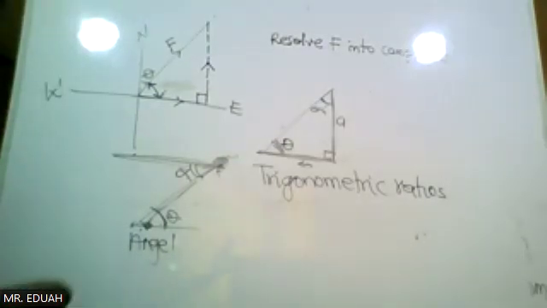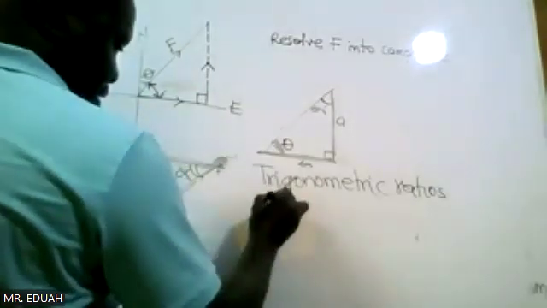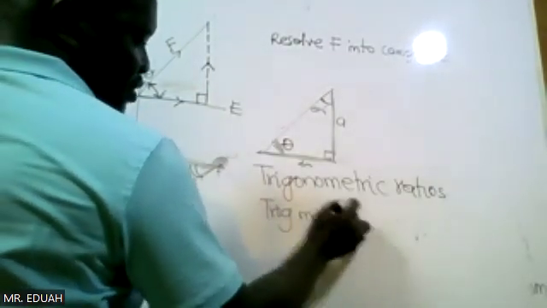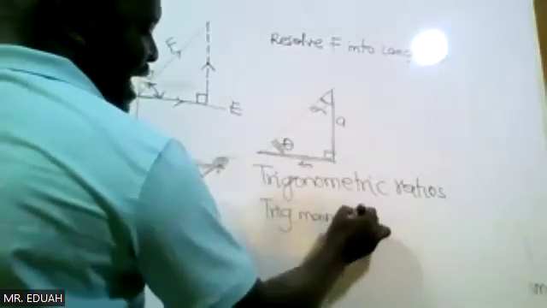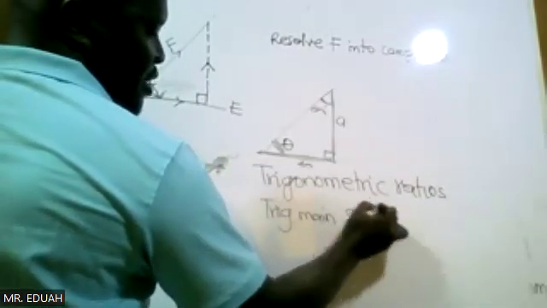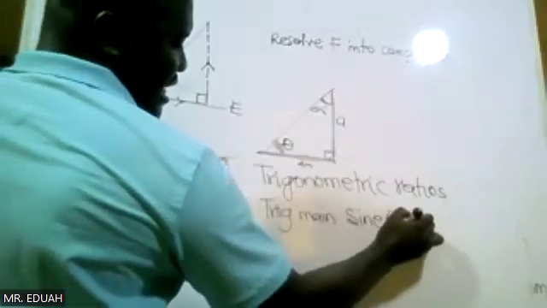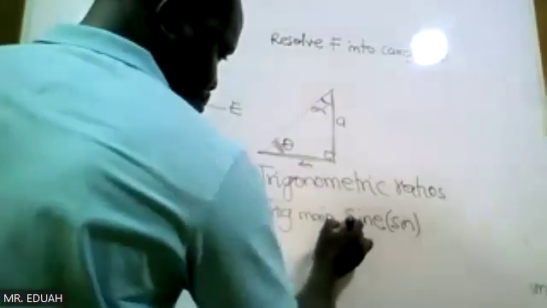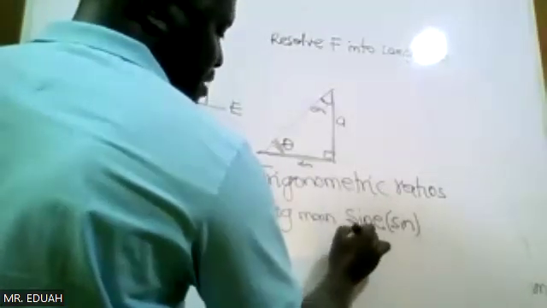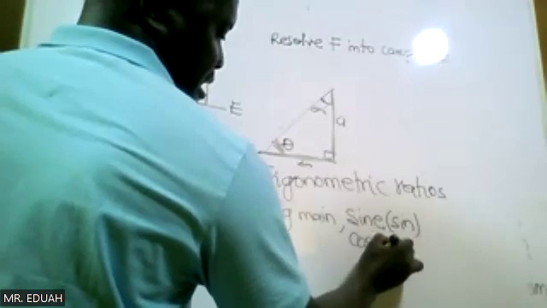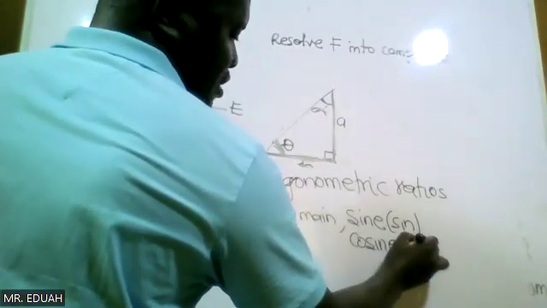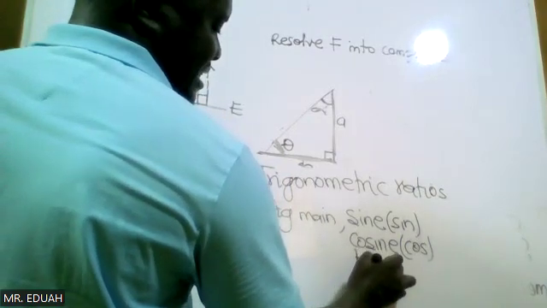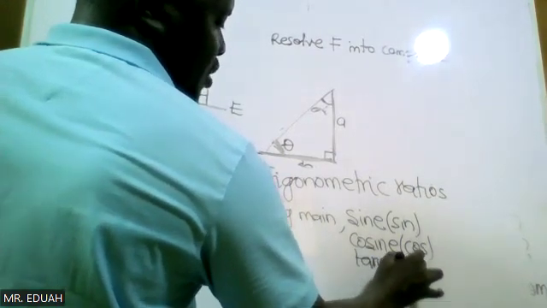We have three main basic trig ratios. We have what we call sine, shortened as SIN. Don't mention sin. We also have cosine, shortened as cos. We have tangent, shortened as tan.